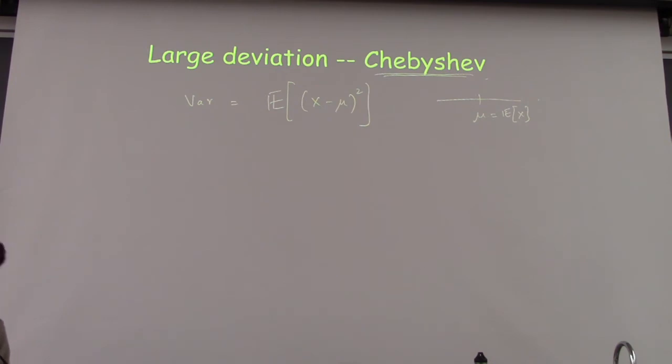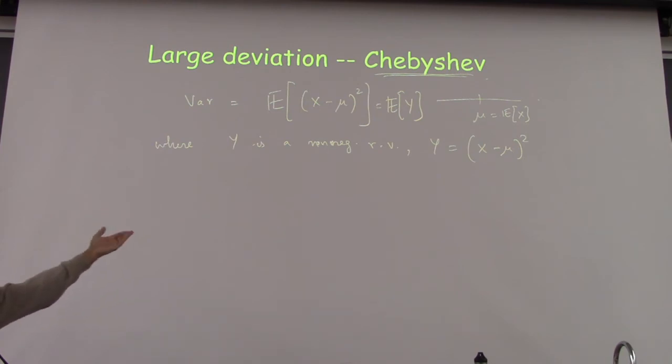The variance is this, and you can think of it as the expected value of Y, where Y is a non-negative random variable. I'm just defining Y to be X minus mu whole square. So Y is a perfectly legitimate random variable, defined in terms of X, and the expected value of Y is this variance.